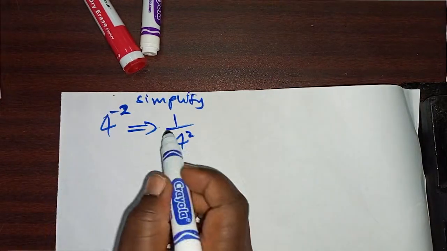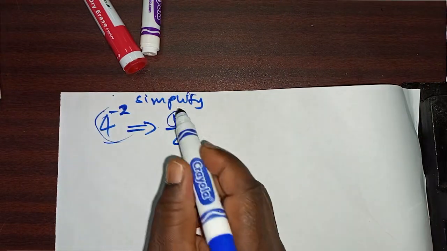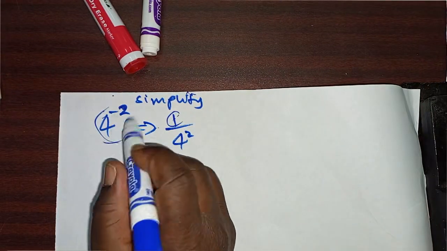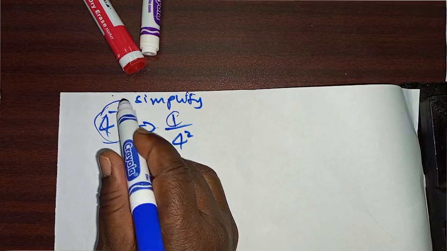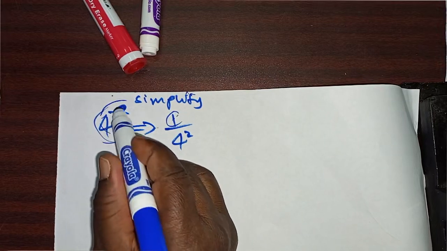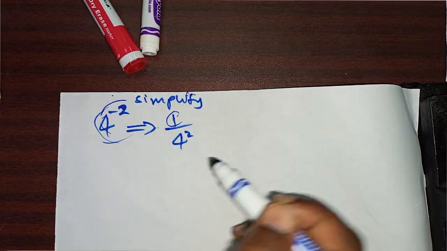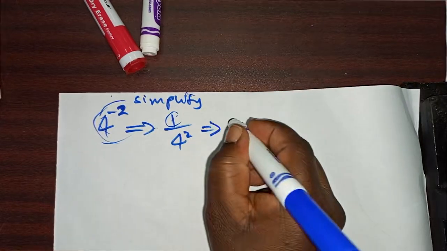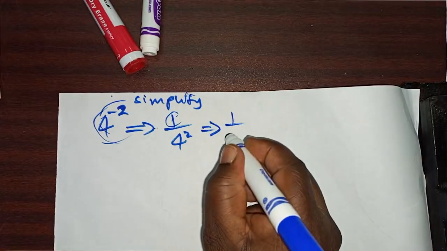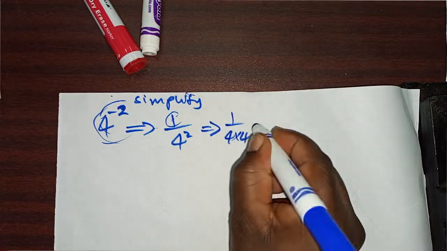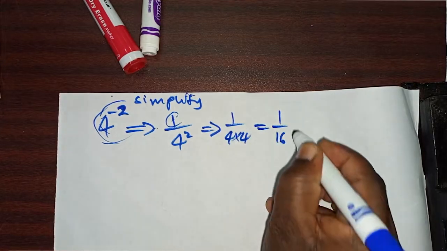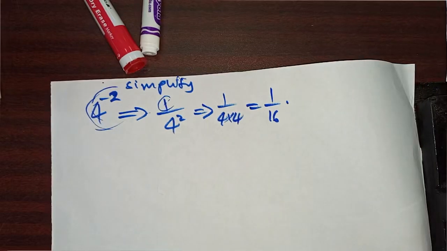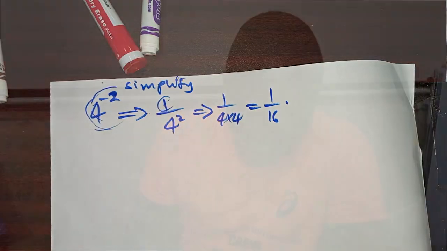So we are removing this negative by taking the reciprocal. Reciprocal means 1 over something, so 1 over 4 to the power 2. It means we have removed the negative there. So we may further simplify, which becomes 1 over 4 times 4, which goes to 1 over 16. So that one is also a simple rule that we basically have.